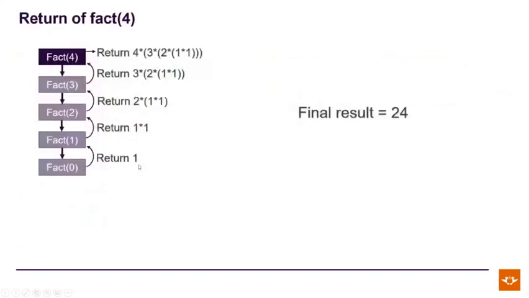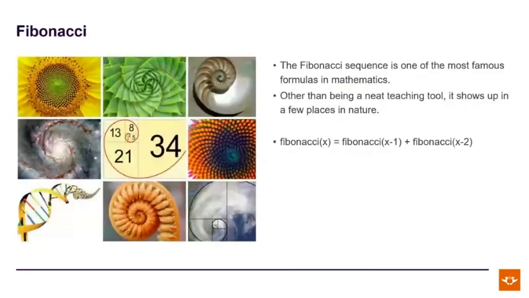So remember, Fibonacci, let's just go back to our whiteboard. Okay, we have our base case of fib of 0 equals 0. And we have our other base case of fib of 1 equals 1, if I remember correctly.